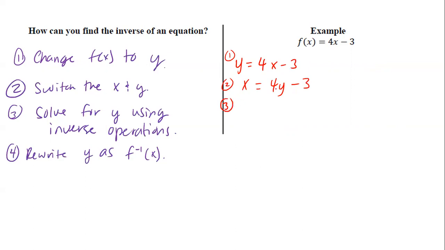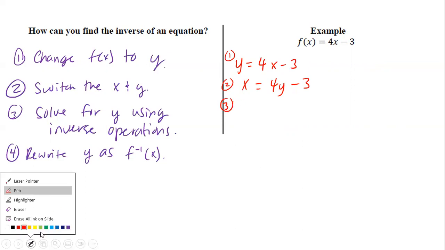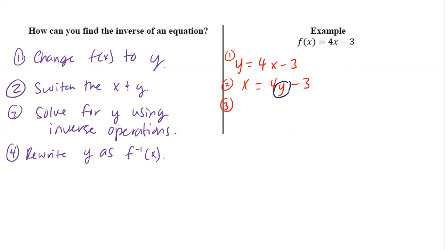Step three is to use inverse operations, and our goal is to get y by itself. The first thing we're going to do is add our 3. So that gives us x plus 3 equals 4y. After we add our 3, we then are going to divide by 4.